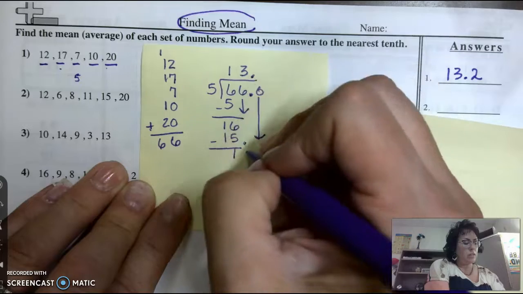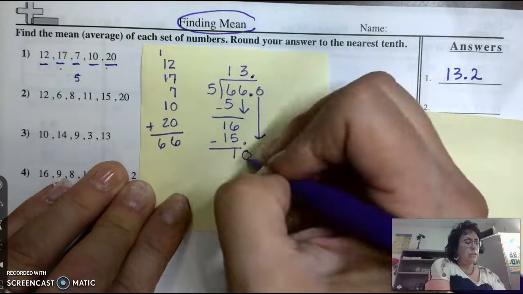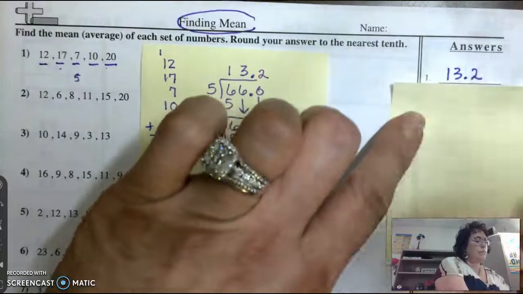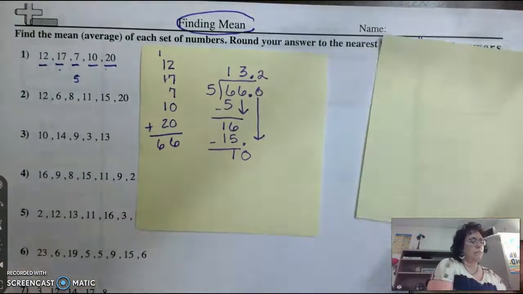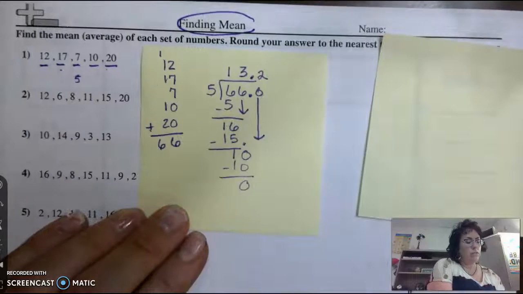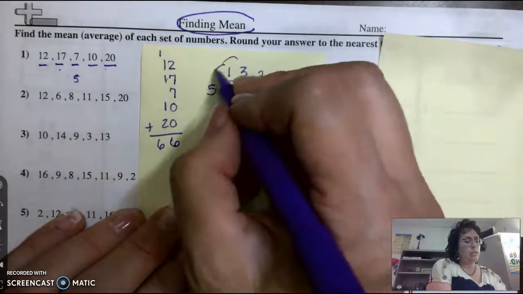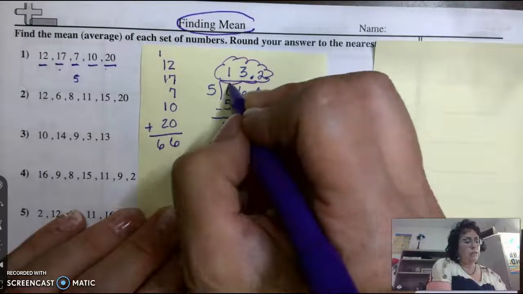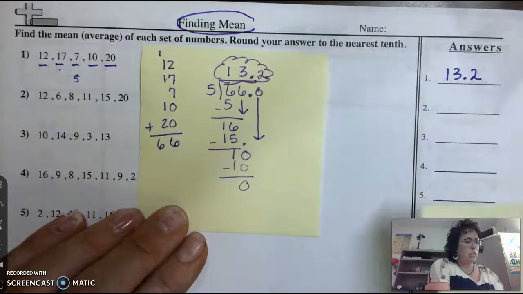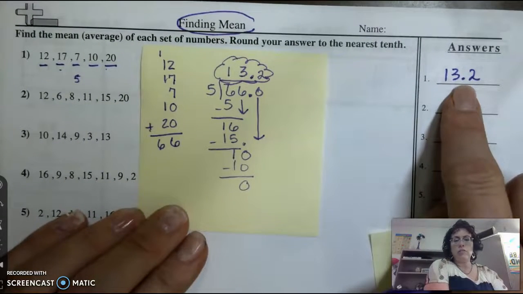Decimal goes up. 5 goes into 10, 2 times. And then we have no leftover, so that means my answer, or the mean for the set of data in number 1, is 13 and 2/10. And your students can write that here.